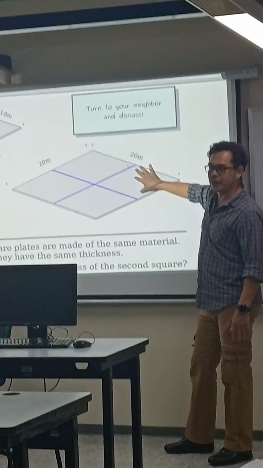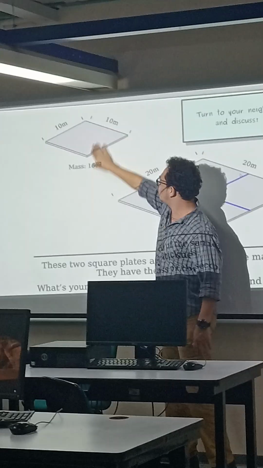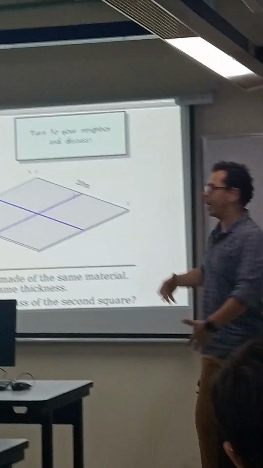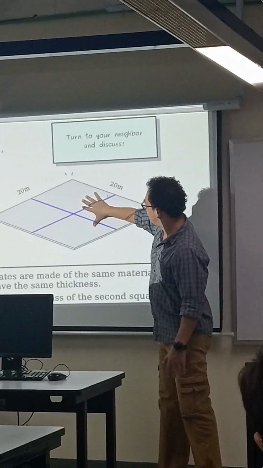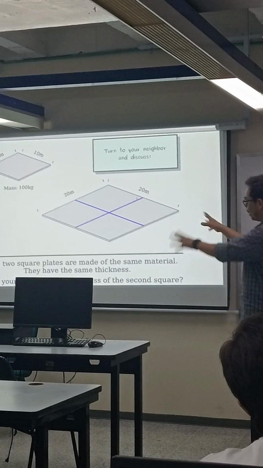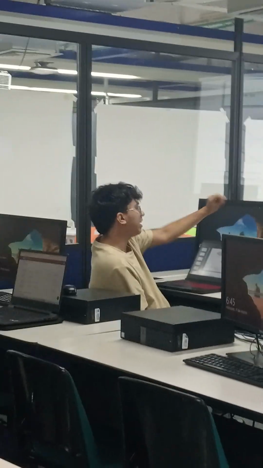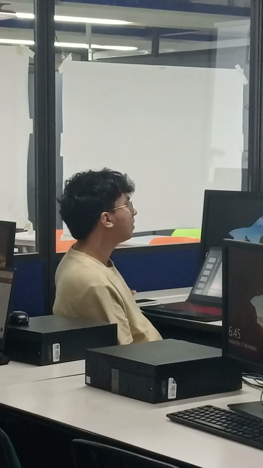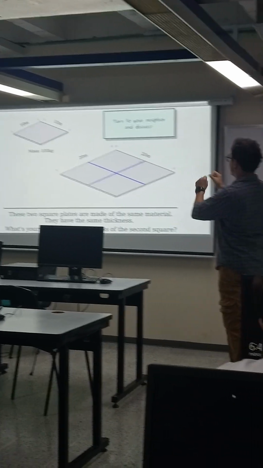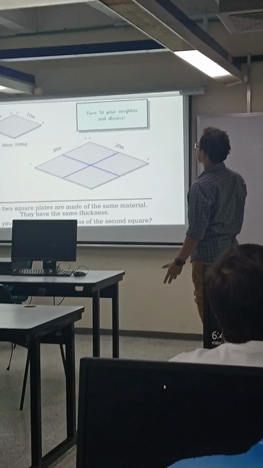If this square is 100 kilograms, what do you think is the estimation for this plate that we have here? It's the same material. Exactly, 400 kilograms, because you can see that it is 4 times the first one, and 4 times 100 is exactly 400.